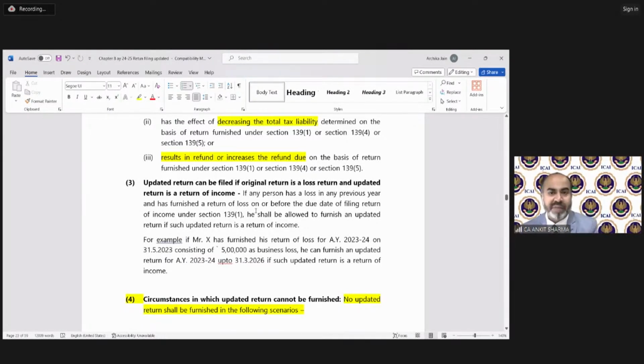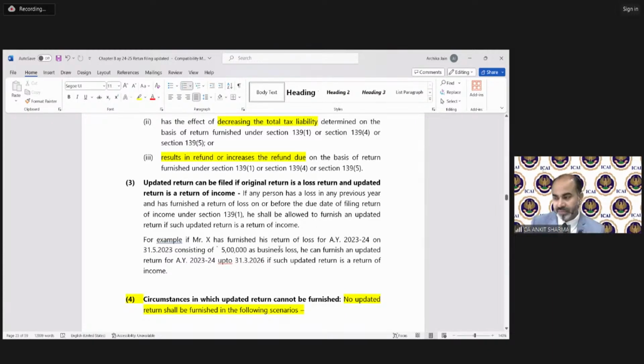An updated return can be filed if the original return is a loss return and the updated return is a return of income. So if the original return you filed up to the due date is a return of loss, but now you need to update it into an income return, that is allowed. If any person has a loss in any previous year and has furnished a return of loss on or before the due date of filing return of income under section 139(1), he shall be allowed to furnish an updated return.